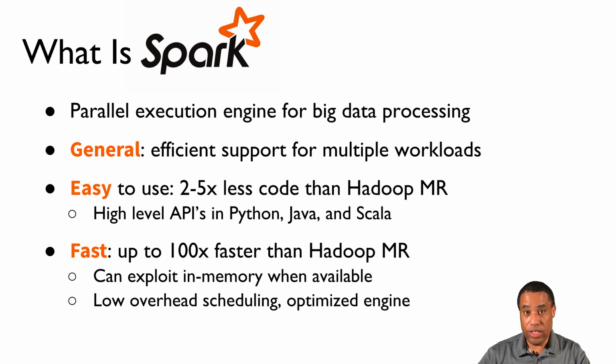Not just Java like MapReduce. And again, much faster, up to 100 times faster than using MapReduce. And it's capable of exploiting memory when it's available. If the objects are really, really large, then you can spill out to disk and it'll treat memory as a cache. And then finally, it has a low overhead scheduling engine and also an optimized processing engine.